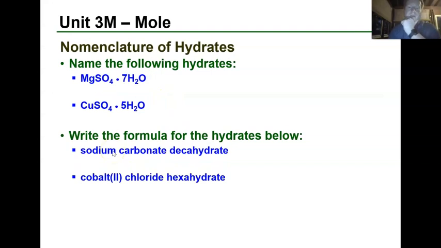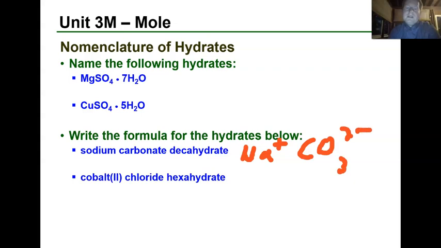But all right, so this other one is sodium carbonate decahydrate. Let me just see if I can draw this in real quick. We know sodium is Na+, sorry for the atrocious handwriting with this pen, and carbonate on your polyatomics is CO3 2-.